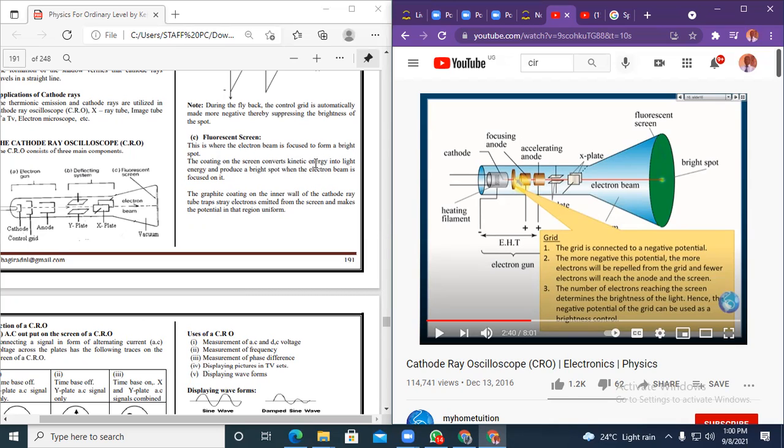The kinetic energy of the fast-moving electrons, the kinetic energy of the cathode rays. That kinetic energy is converted into light energy, and the light energy is the bright spot that we are seeing here. The bright spot is due to that energy which has been converted to light energy, and it produces a bright spot when the electron beam is focused on it.